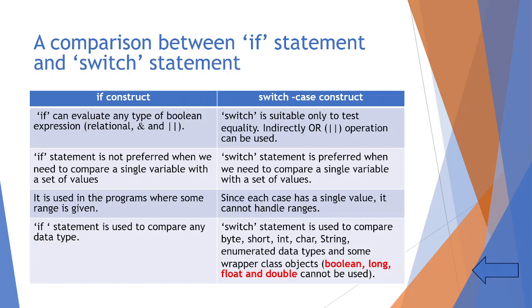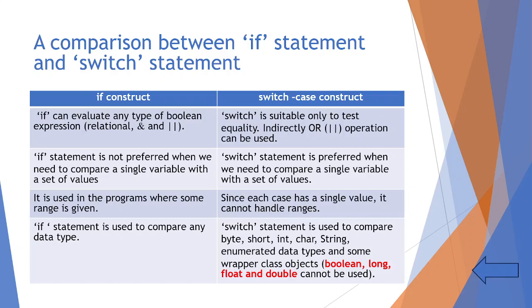For example, month 1 to 12, vowels, switch is preferred. But A greater than B, A less than B, something like that, ranges, range of values, then if statement is preferred, because switch cannot do comparison like that, it only tests for equality.